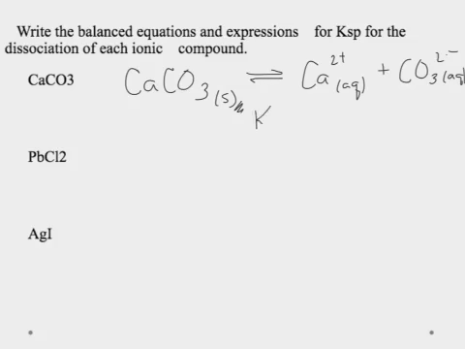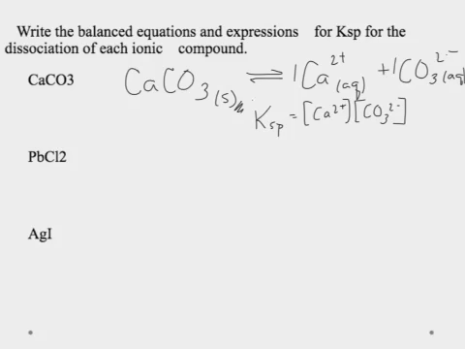So the K expression, specifically the solubility product constant, or the Ksp, is written the exact same way, where the concentration of the calcium ions in solution times the concentration of the carbonate ions in solution are raised to their coefficients. In this case, both the coefficients are 1. There's 1 of each of those ions, so they'd both be raised to the power of 1, but we don't write those.